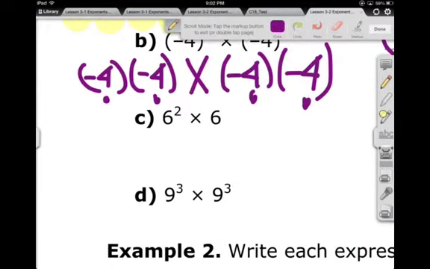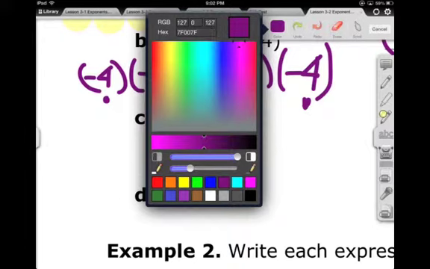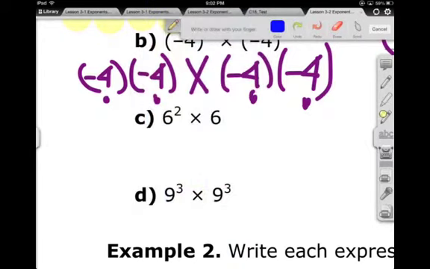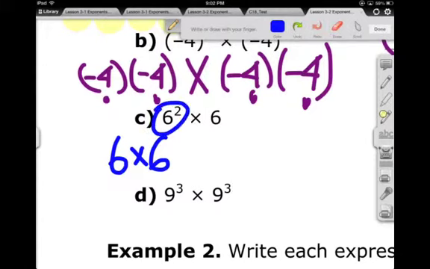Next example is interesting in a couple of respects. You have to look at these 6's and say how many 6's are being multiplied. Same idea. 6 times 6, okay, that accounts for this, multiplied by a lonely little 6. Well, there's just one of them, right? Just one 6 here. So the understood exponent is 1.